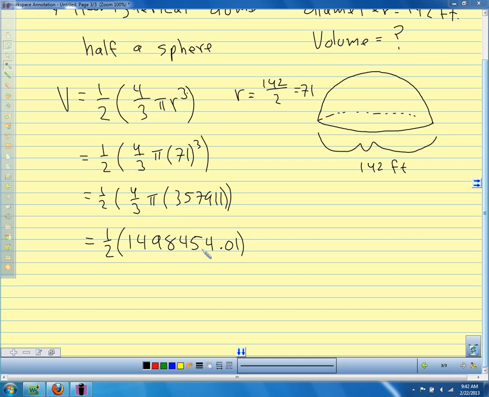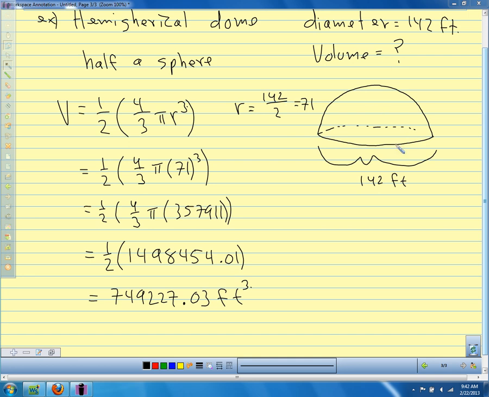And that's what gave me this. Then I'm going to divide this in half, just divide by 2, and I get 749,227.03, and my units are going to be cubic feet. So pretty good sized volume inside that hemispherical dome.